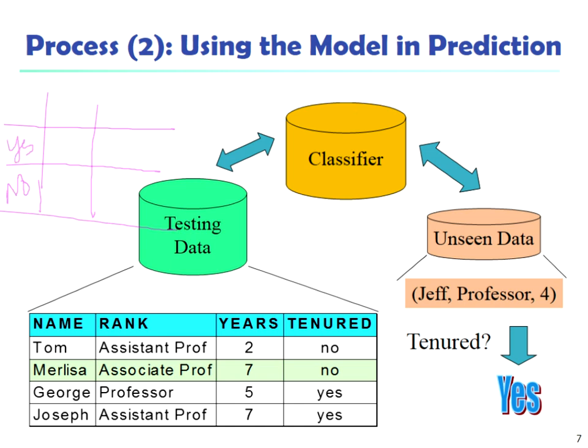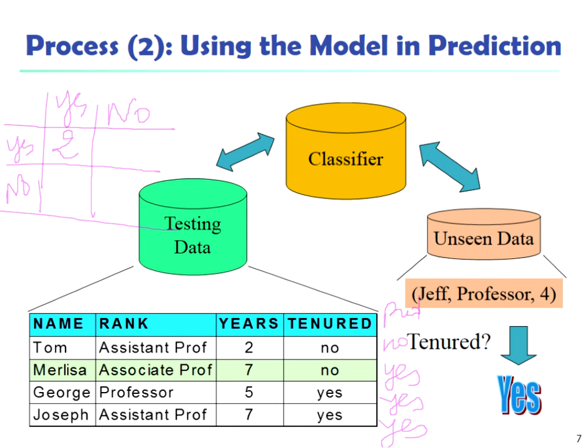So buys computer equal yes, buys computer equal no, buys computer equal yes, buys computer equal no. Here in our example we have 2 yes and 2 no. In the predicted model, we have no, yes, yes, yes.